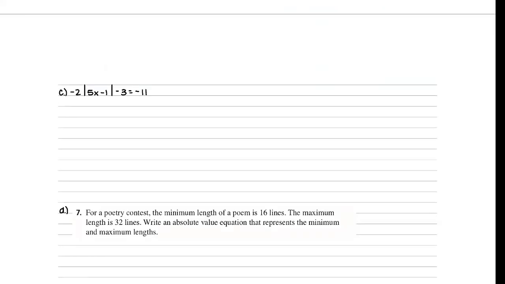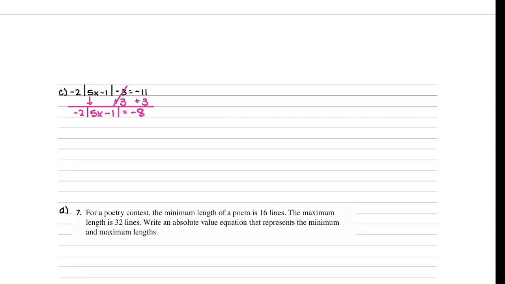For C, we have negative 2 times the absolute value of 5x minus 1 minus 3 is equal to negative 11. We're going to start by adding this 3 to both sides. 3's cancel out. I bring everything else on that side down. So I'm going to have negative 2 times the absolute value of 5x minus 1 is equal to negative 8.